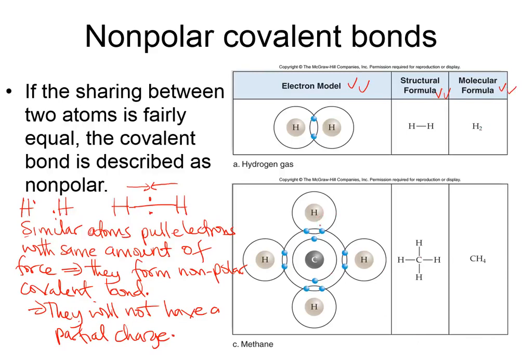If we go to hydrogen and carbon, you see this is hydrogen carbon, hydrogen carbon, hydrogen carbon, hydrogen carbon. Hydrogen and carbon also will pull the electrons using the same power.